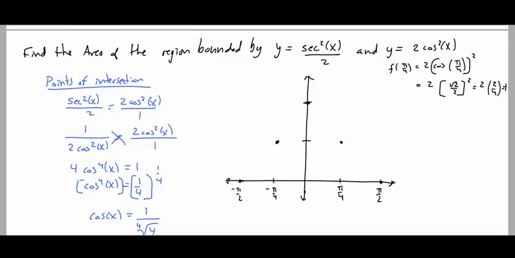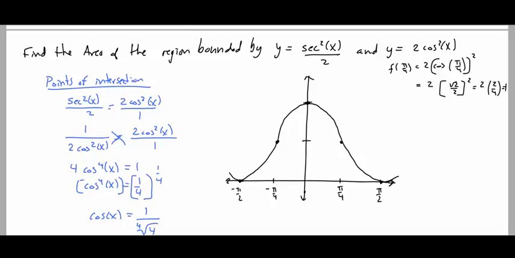Since we know that 2 cosine squared will never fall below the axis because I'm squaring, I'll get all positive numbers, and this is periodic. So this is kind of an idea of what this picture looks like. Curve sketch, not an exact picture.